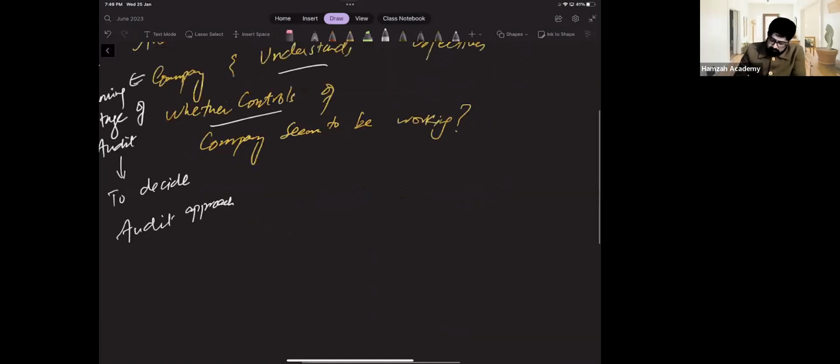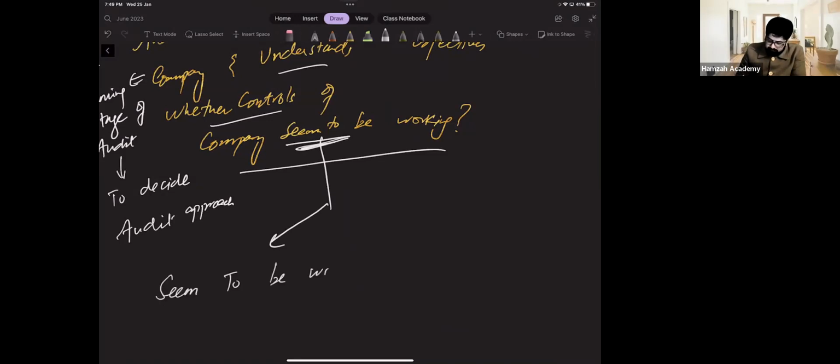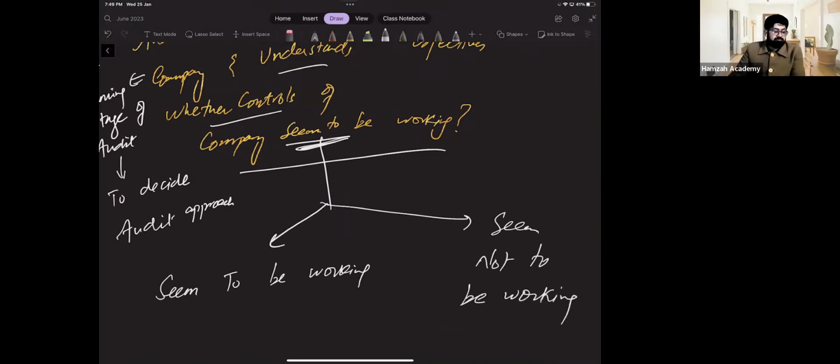So two possibilities are there: controls seem to be working, or seem not to be working.